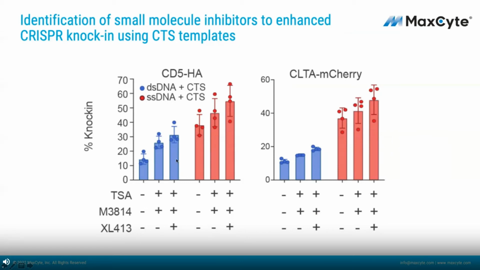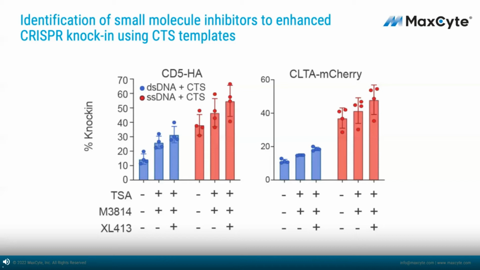And as you can see here, for both the CD5HA knock-in and the CLTA-M cherry knock-in, the single-stranded CTS alone without drugs already has a significant increase in knock-in efficiency over the double-stranded CTS without drugs.